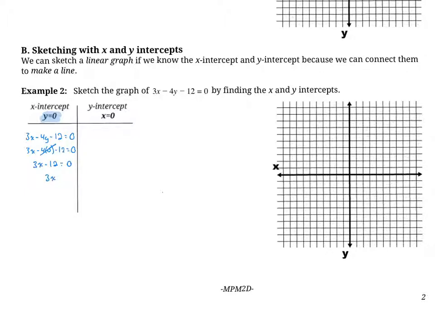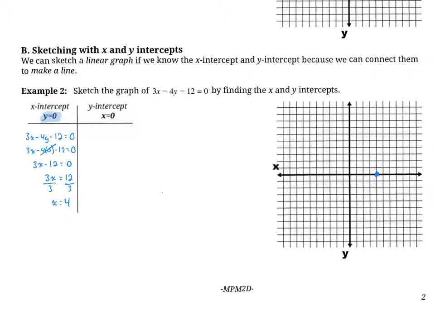And if we bring that negative 12 over to the other side, it becomes positive. So you have 3x equals 12. Now to get x by itself, we need to divide by 3, so x is equal to 4. And if we plot that x-intercept on the x-axis, our point is right there.